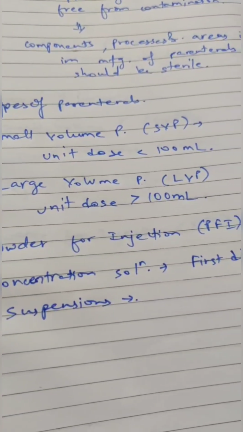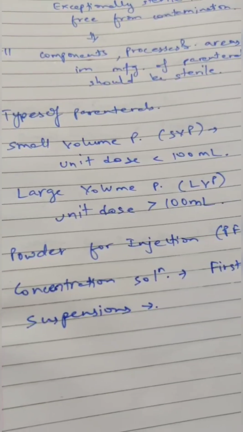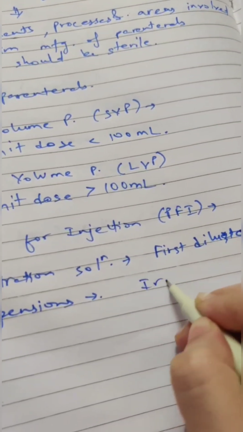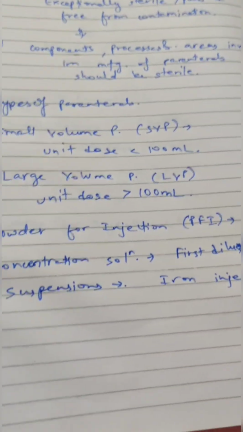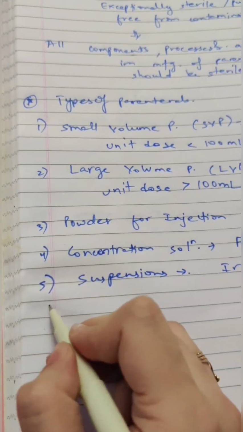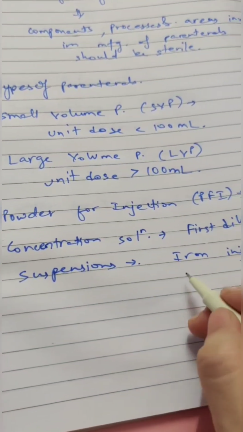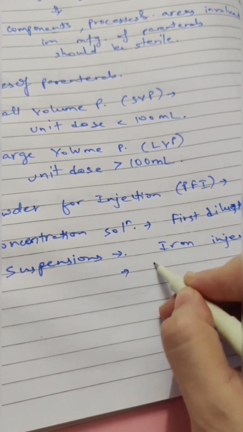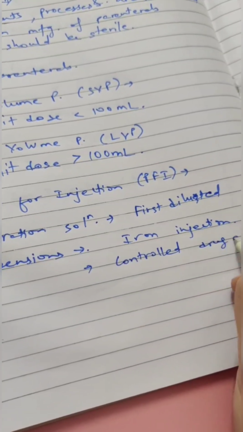Okay, they exist in the suspension form, and for example, एक iron injection आपने कभी देखा होगा. Many iron injections usually come in the suspension form, and the mechanism of this is controlled drug delivery.